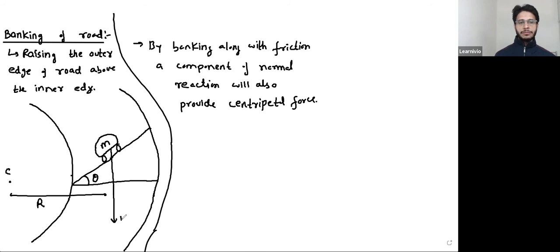Mass of the body is m, so its weight is mg. This is the normal reaction here. If this is theta, then it can be easily proved that this angle with the inclined plane is also theta, alternate angles.